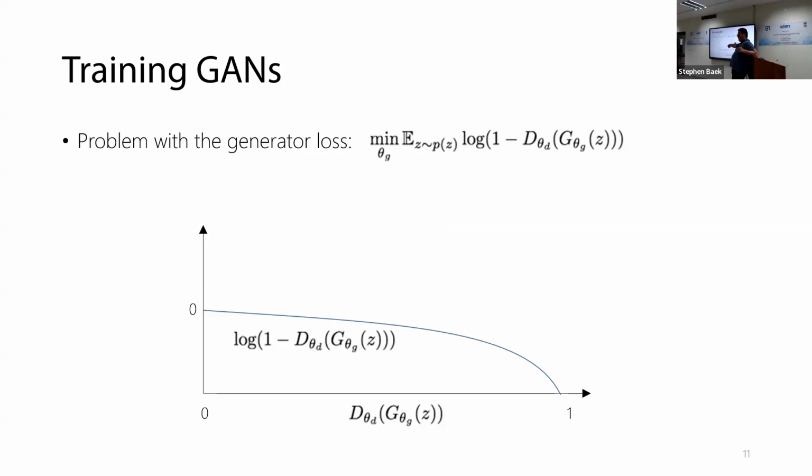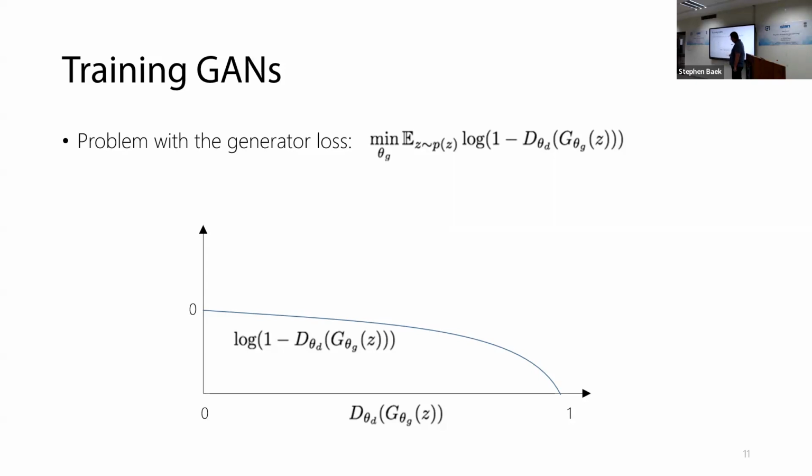Okay. So look at the slope of that graph. At the beginning of the training, when the generator is not very good at its job, almost all the time the prediction result is going to be near this range, where the slope is almost flat.